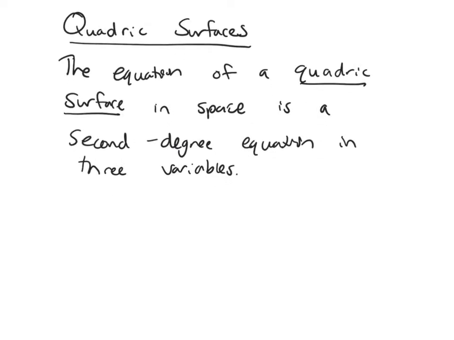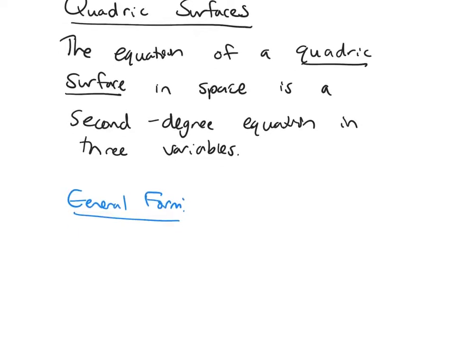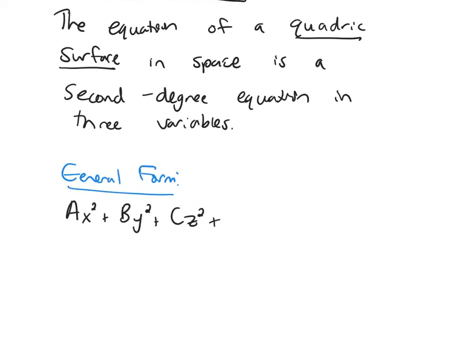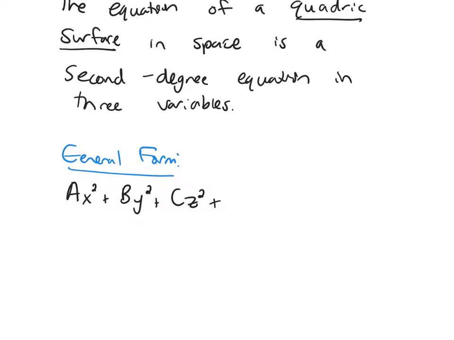So I'm going to write the general form for this kind of surface. It can contain any degree 2 or lower term. So you could have ax squared, by squared, cz squared, but you can also have terms that have multiple variables.